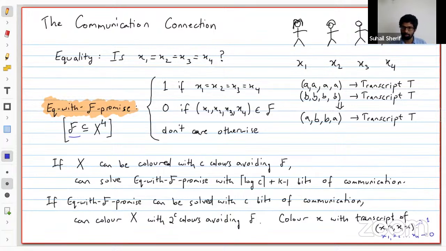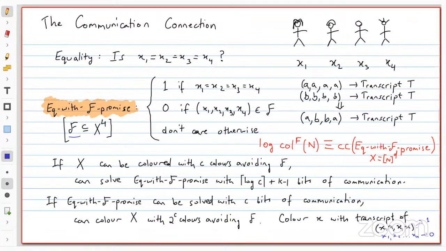And if the transcript is the same, then that's not possible. So if you actually have a correct communication protocol, then you cannot have 4 different Xi's which all have the same transcript. Okay, so this is the connection. So this kind of coloring problems can be equated with communication complexity problems.